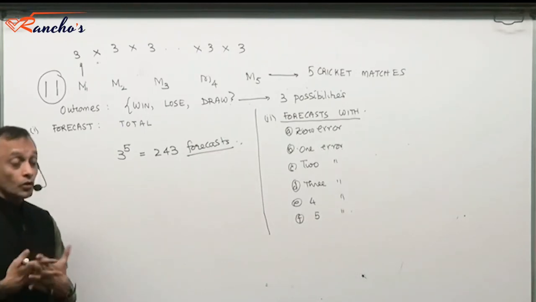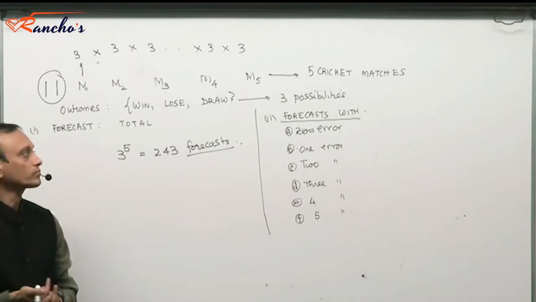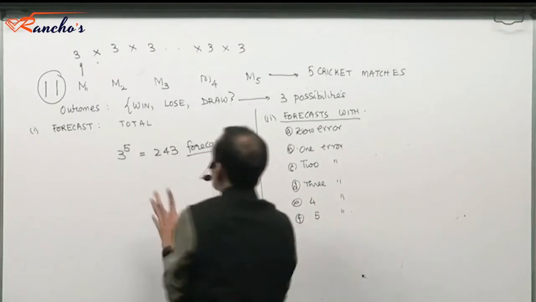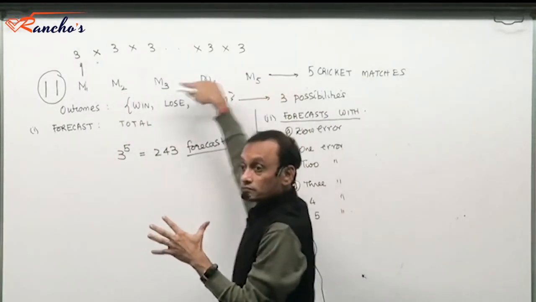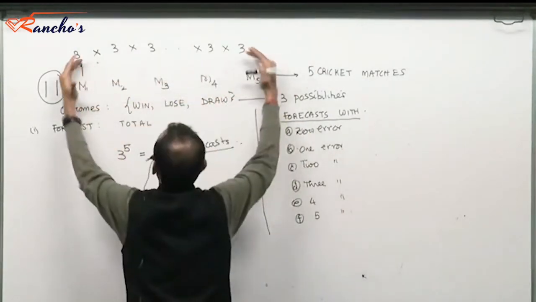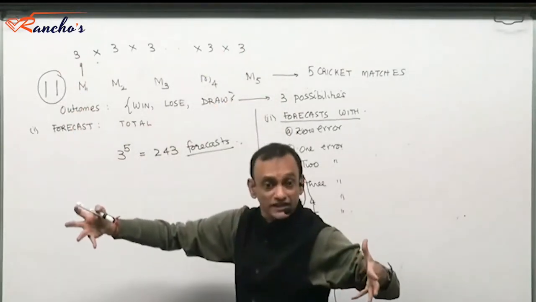Now, of these 243 forecasts, a forecast is a combination of all of them. It's not a forecast for one match, it's a forecast for the series.